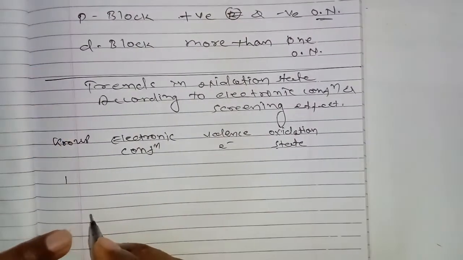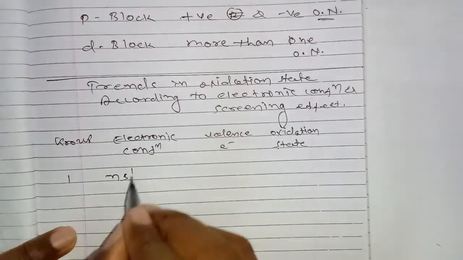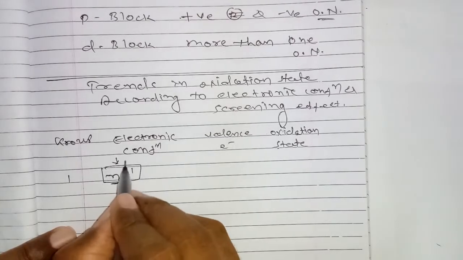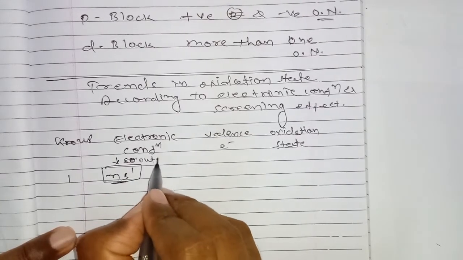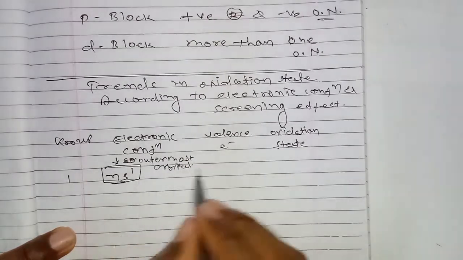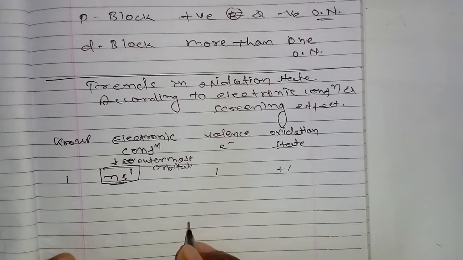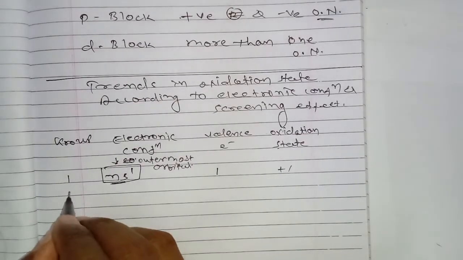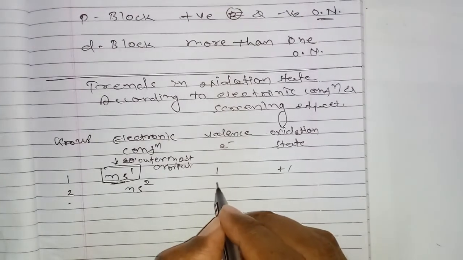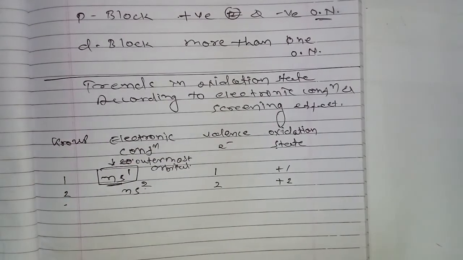For group 1, the electronic configuration is ns1 for the outermost shell or orbital, the valence electron is 1 and the oxidation state is plus 1. For group 2, the electronic configuration is ns2, valence electrons are 2, and the oxidation state is plus 2.